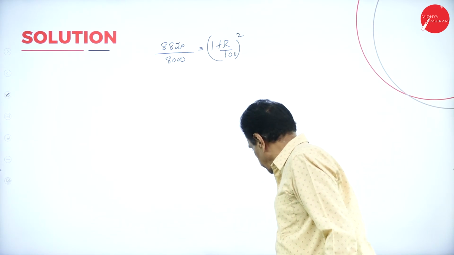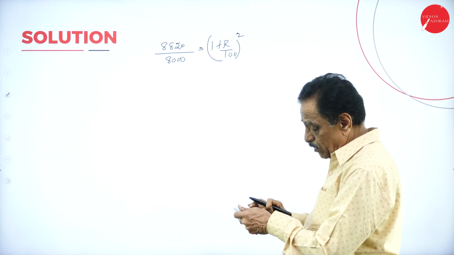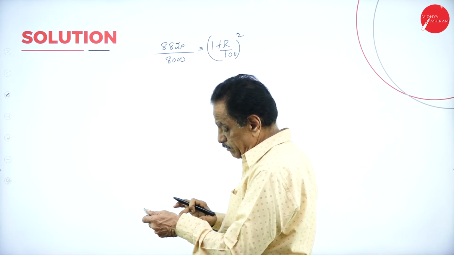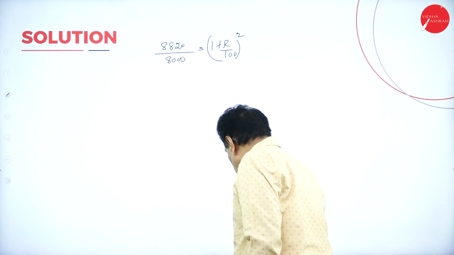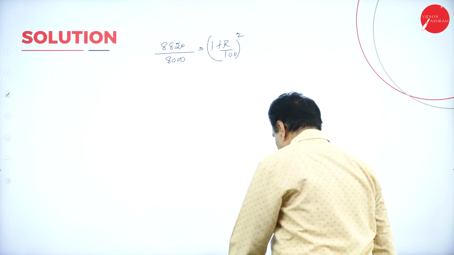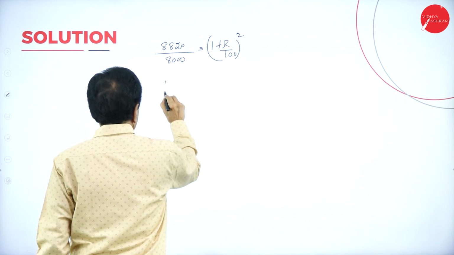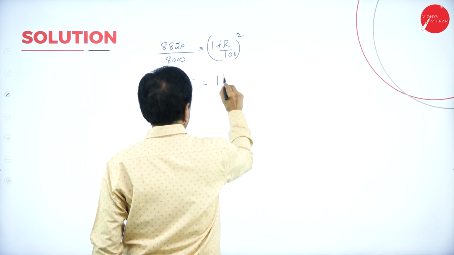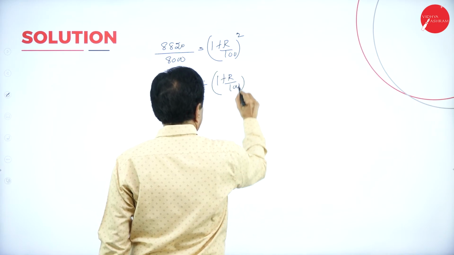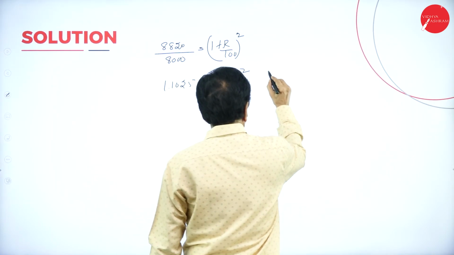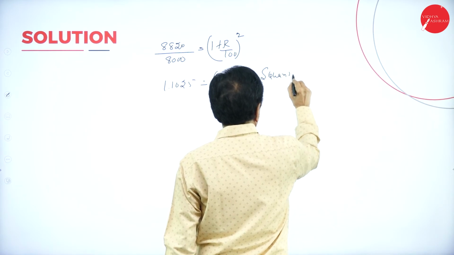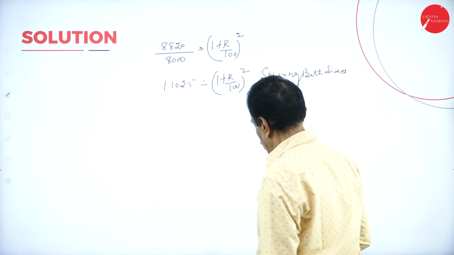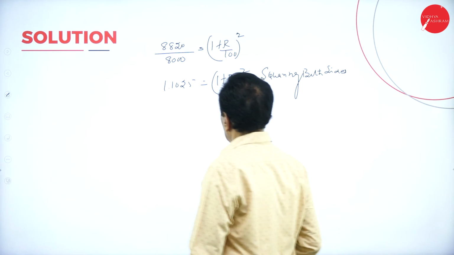Slowly divide. 8,820 divided by 8,000 is 1.1025. So 1.1025 is equal to 1 plus r over 100 square. Taking the root of both sides.